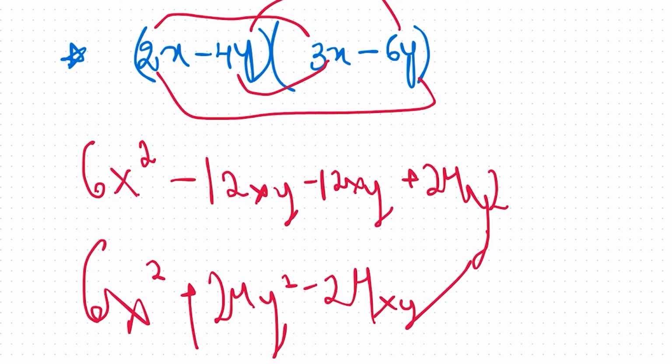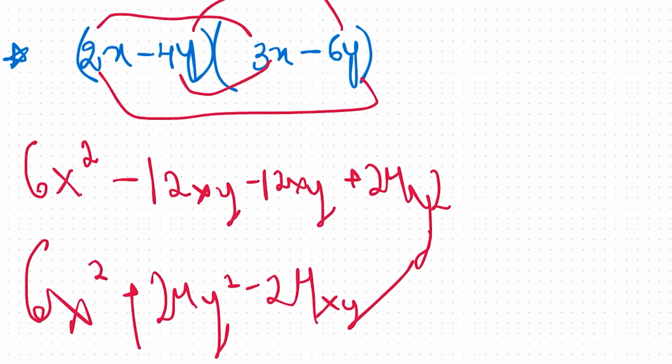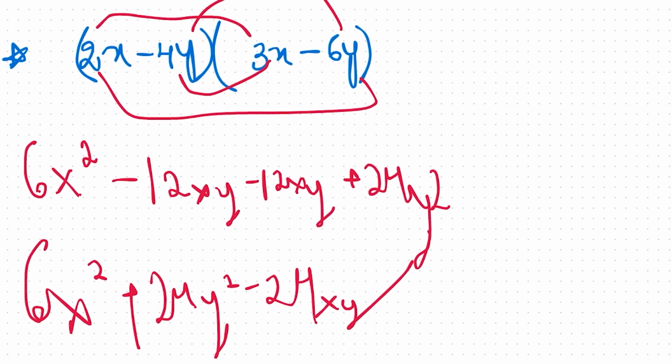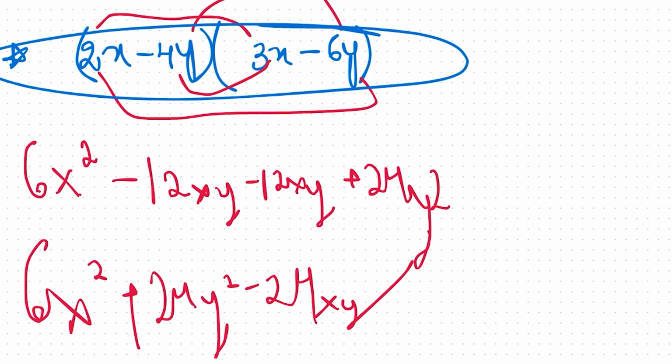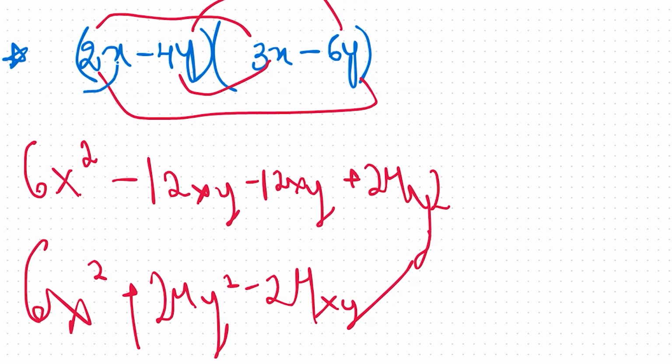I'll tell you one more alternative. We'll look at this actually. If you notice carefully, 2 and 4, 3 and 6, x and y, x and y. So what can you take out? What you can factorize here is a 2, x minus 2y. And what about the other bracket?